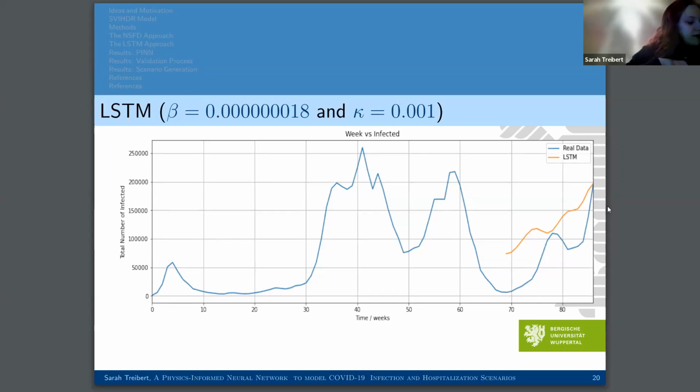I'm wondering why there is a discontinuity or a jump at the very end of your training window, like at time 66 maybe, and the start point of the LSTM prediction. It seems that the training maybe was not properly done, so that the end of your training window was not captured correctly by the LSTM.